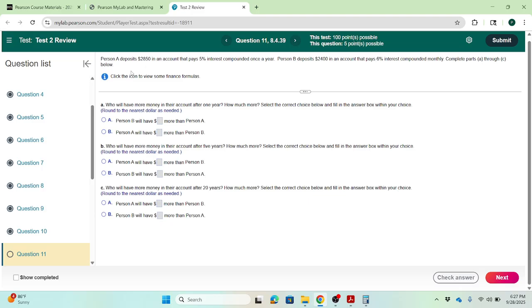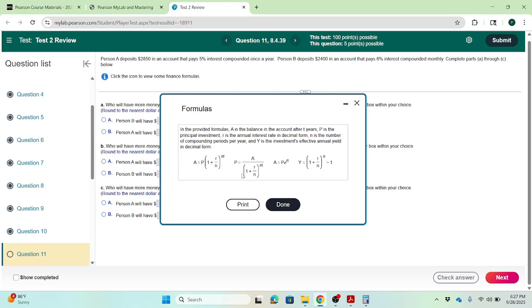Person A deposits 2850 bucks in an account that pays 5% interest compounded once a year. Person B deposits 2400 in an account that pays 6% interest compounded monthly. Compounded once a year and compounded monthly. So these are the two situations, and there is the formula you have been given.